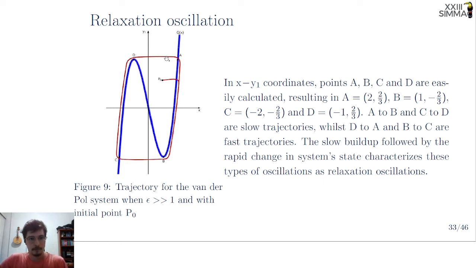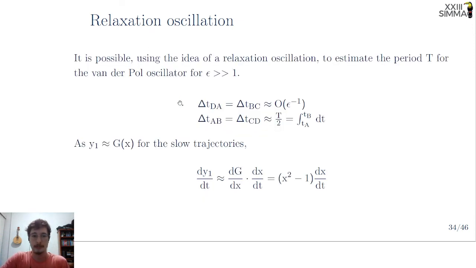So we can neglect the time it takes from point A to point C and from point D to point A, because these trajectories are fast. We can integrate the time from A to B, and this is half of the period. This is expressed here in this equation.